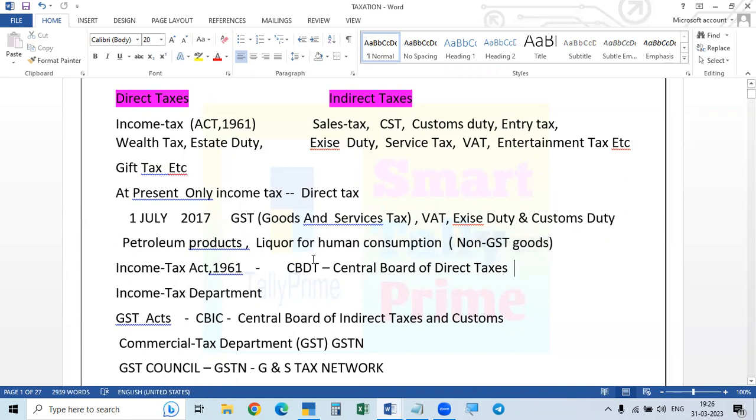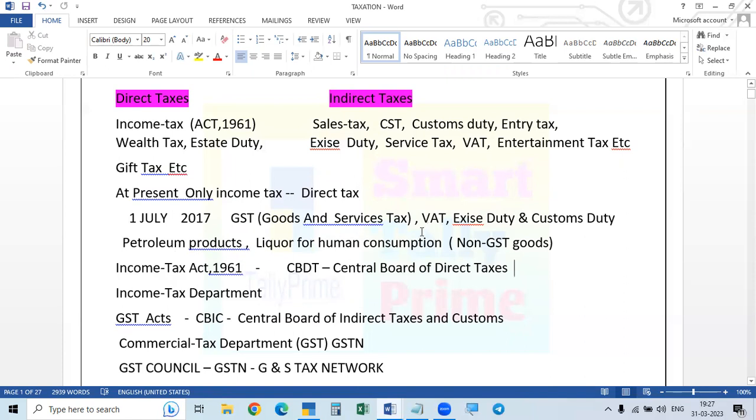But anyhow, they have to collect the tax. For these products, the previous regime, VAT and excise duty, still applies. VAT is levied by the state government and excise duty is levied by the central government. Excise duty is levied on manufacturing. We import crude oil, which is then converted into petrol as well as diesel.